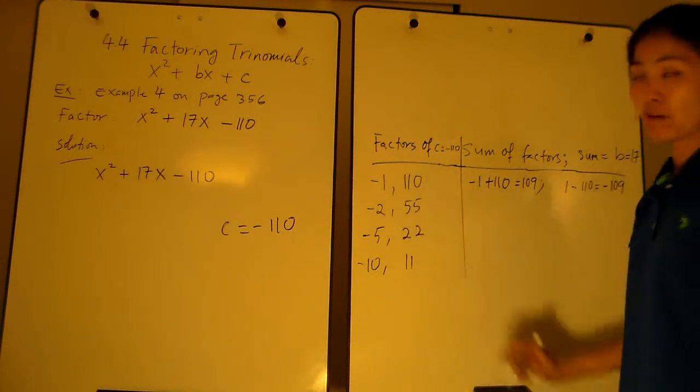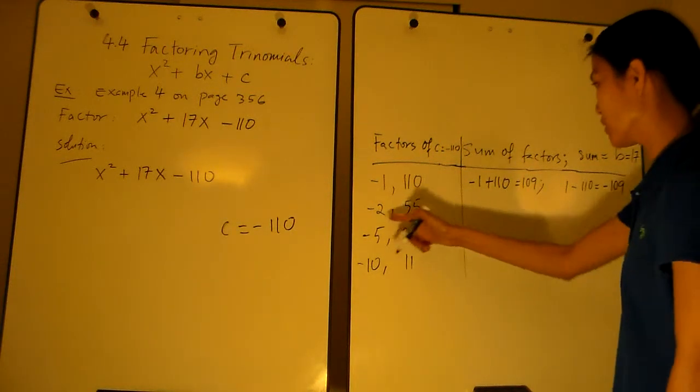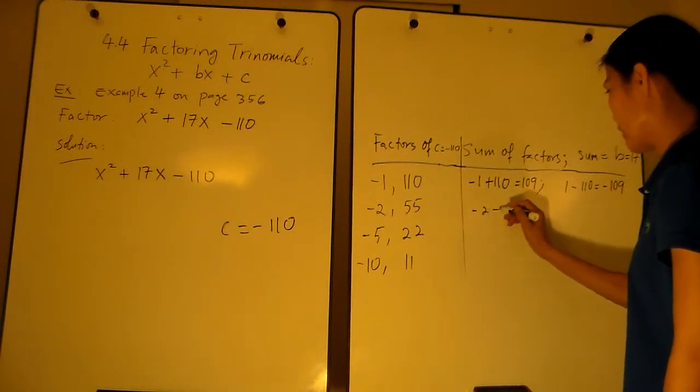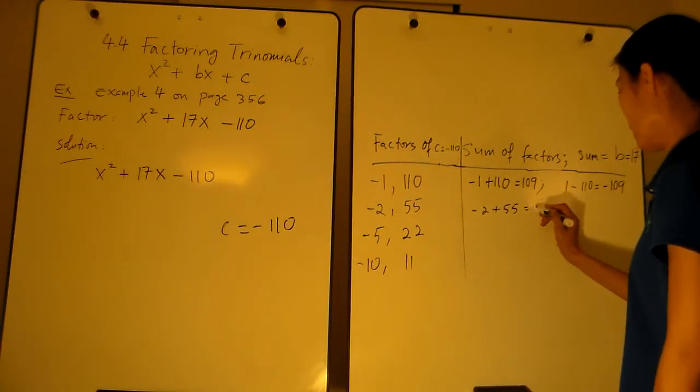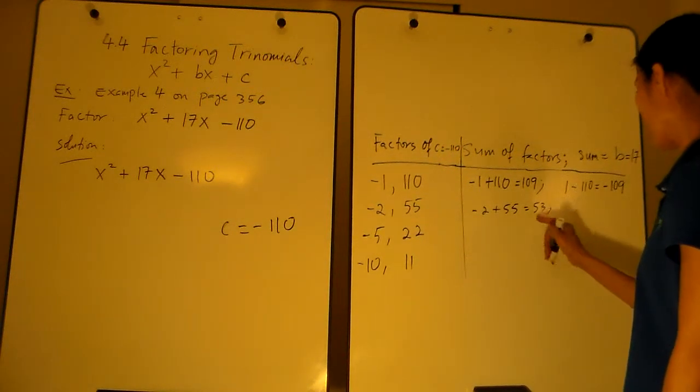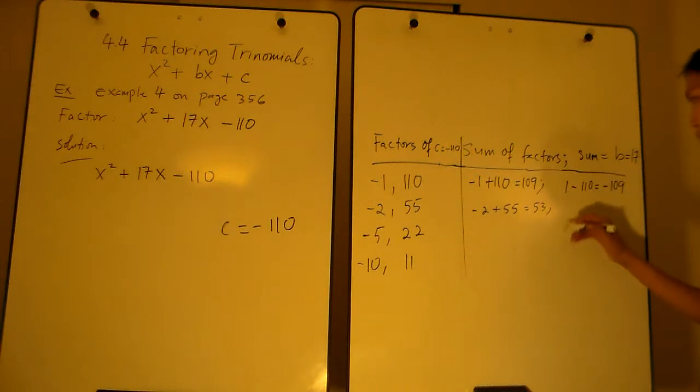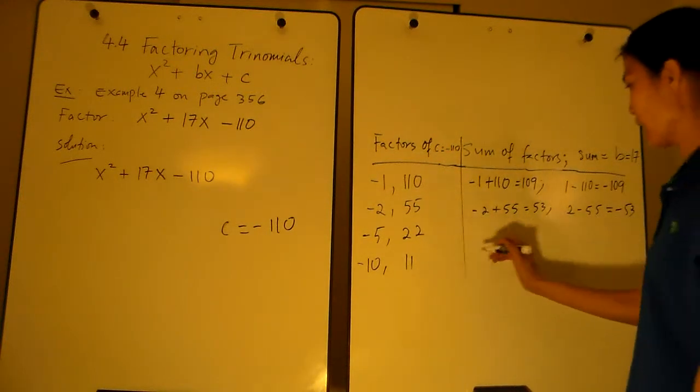These two factors are not it. How about this? Negative 2 plus 55, 53. This is not b. How about reverse? You have 2 subtract 55, you would get negative 53, and it's not. How about this case?